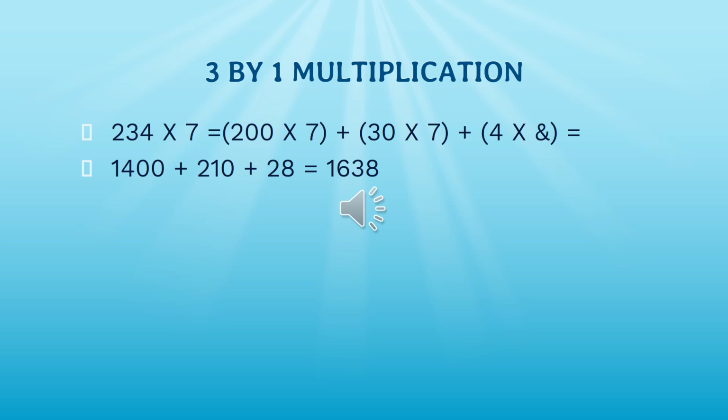So I have 200 times 7 plus 30 times 7 plus 4 times 7, and the partial products would be 200 times 7, that's 1400, 30 times 7, that's 210, 4 times 7, that's 28. Adding all these partial products, 1400 plus 210 is 1610, plus 28, that's 1638.